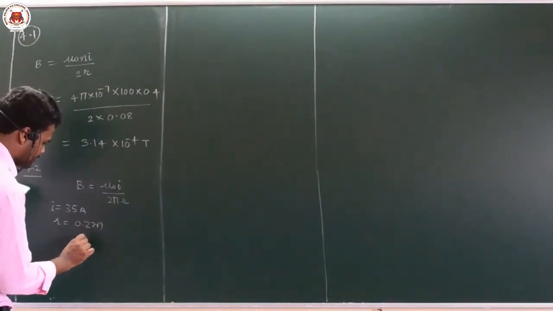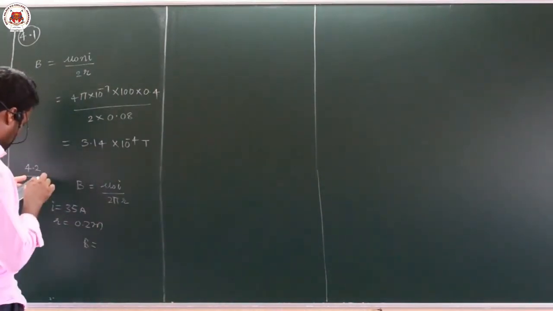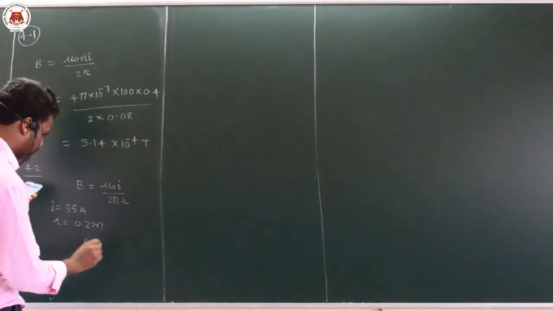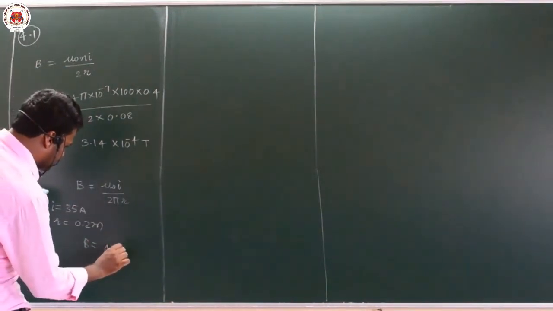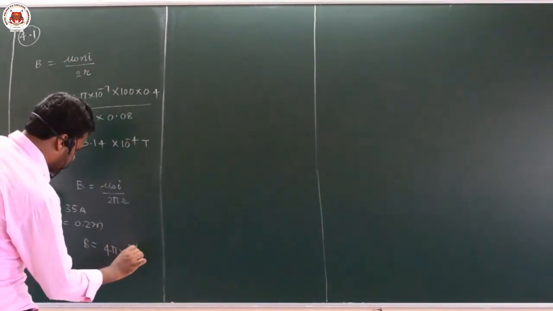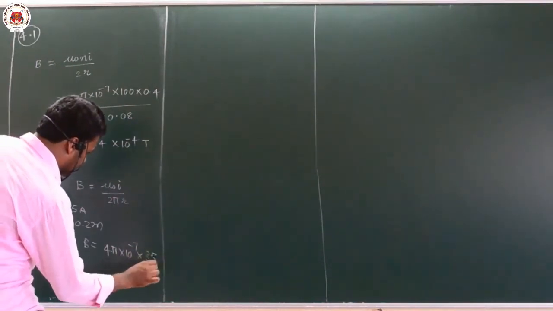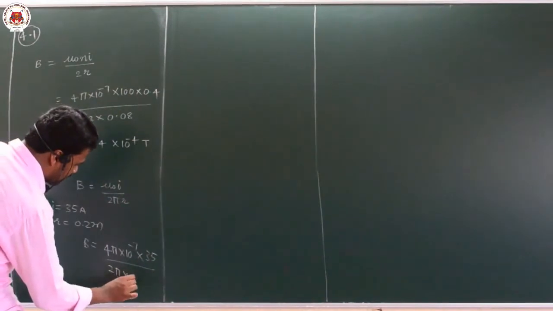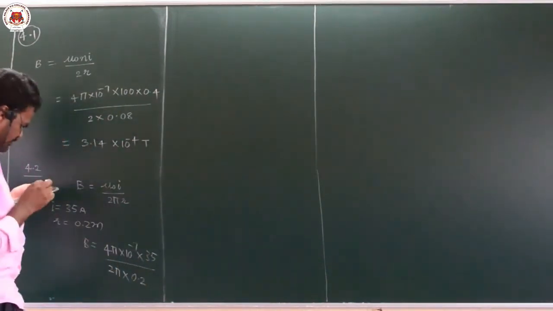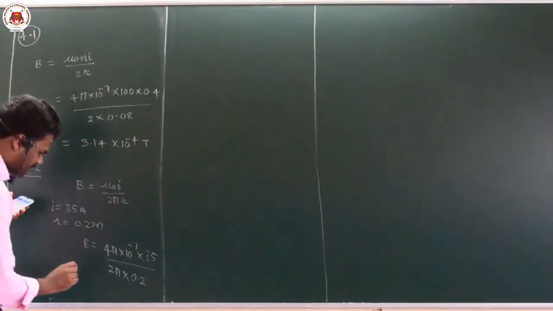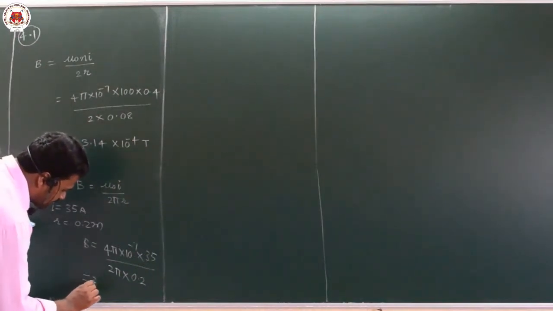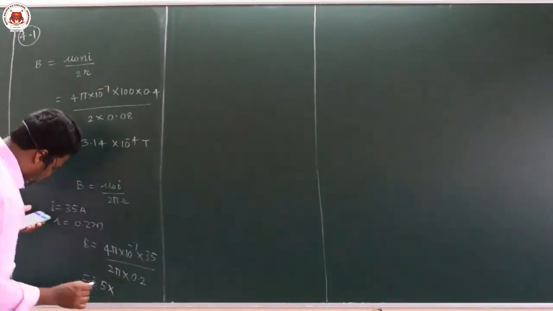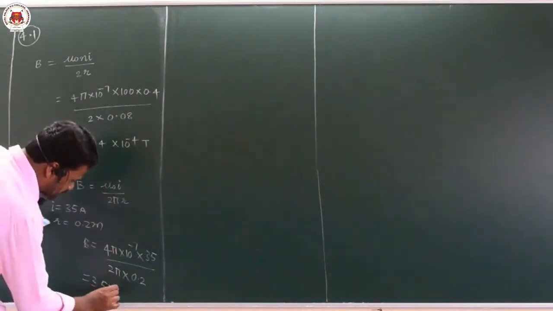Now substitute: B is equal to 4 pi into 10 to the power of minus 7 into 35 by 2 pi into 0.2. If you solve this, you will get the answer as 3.5 into 10 to the power of minus 5 Tesla.